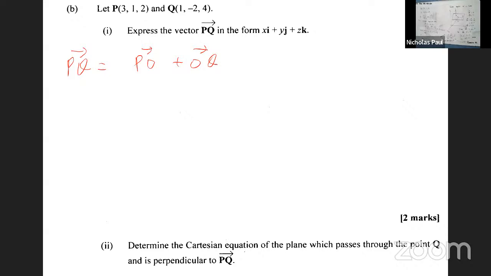Just take a picture of the board. Where? Wait.